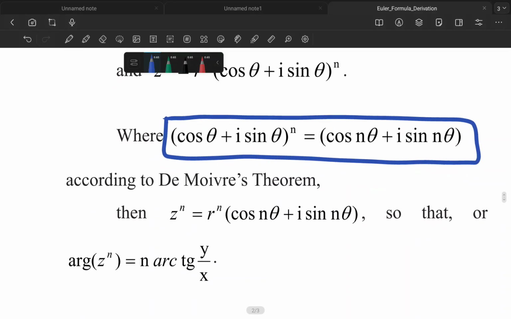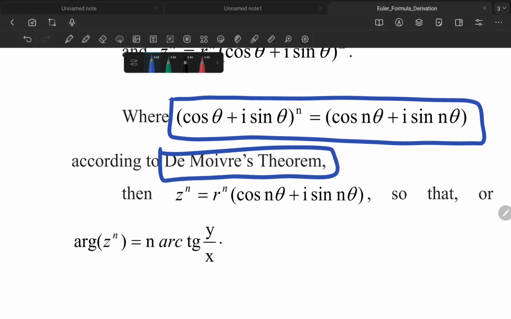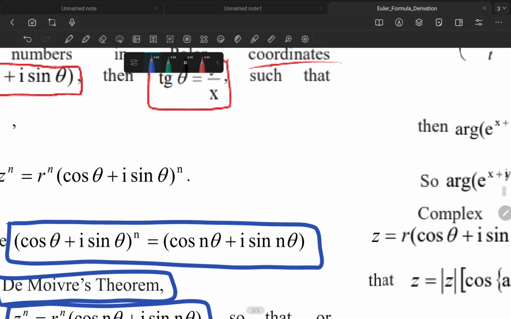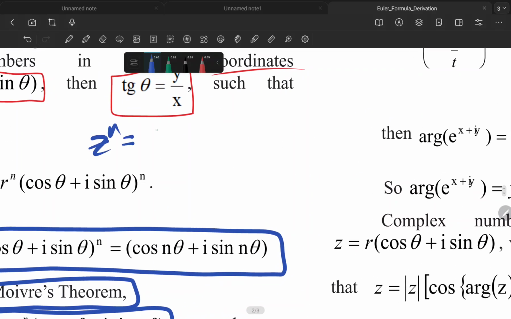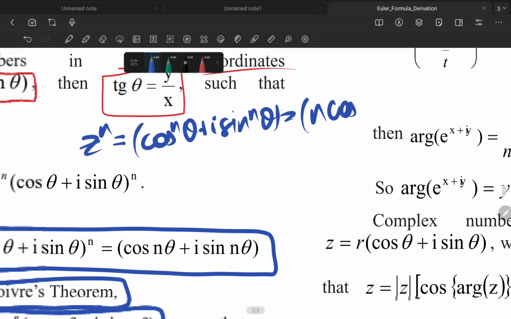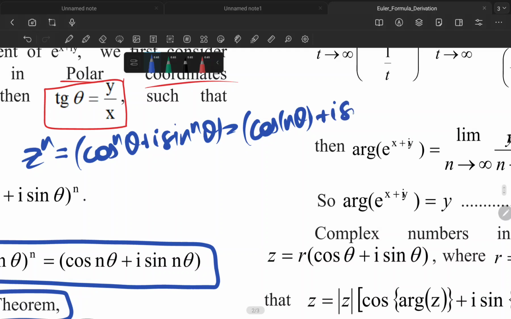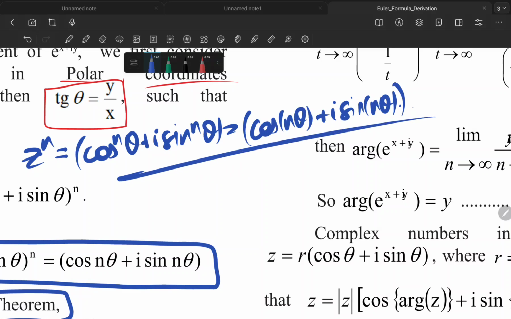So according to De Moivre's theorem, this equation is valid, and z to the n is cosine of n theta plus i times sine of n theta, right? So this is De Moivre's theorem.